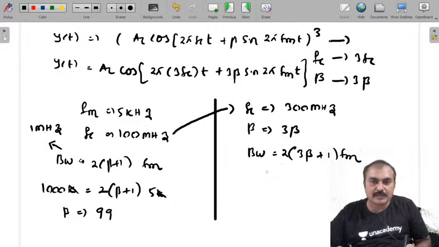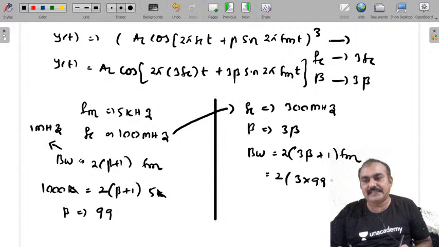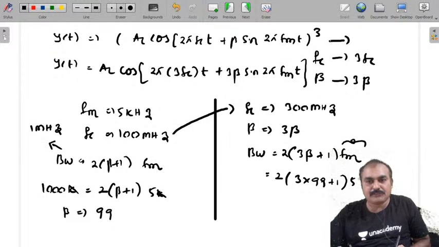It is equal to 2 into (3 into 99 plus 1) into Fm, and the message frequency remains the same, it is 5k.